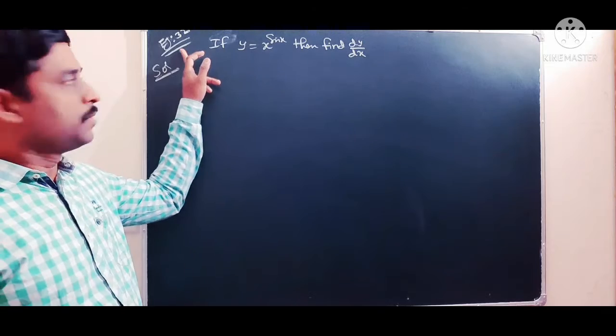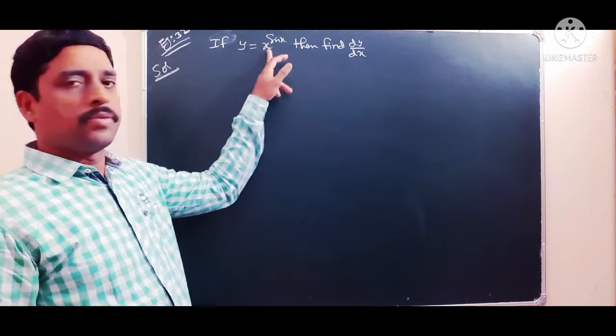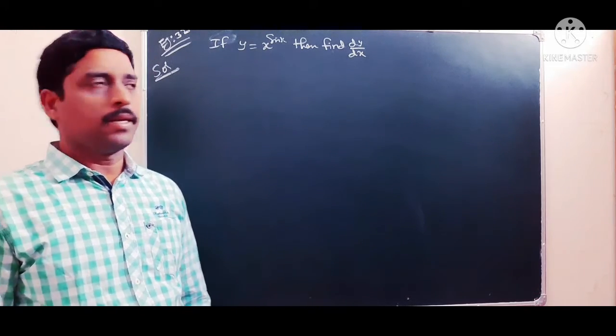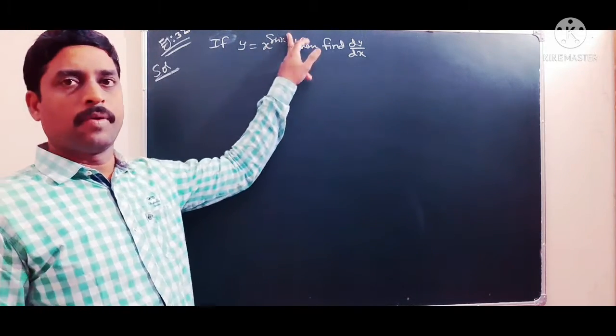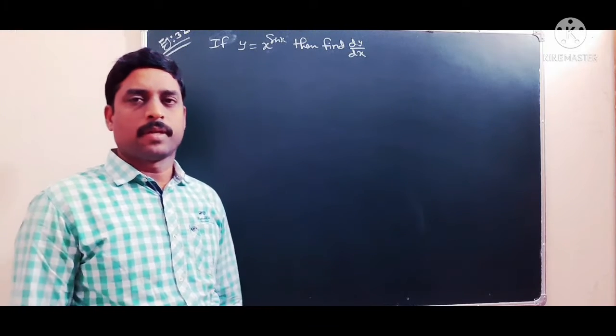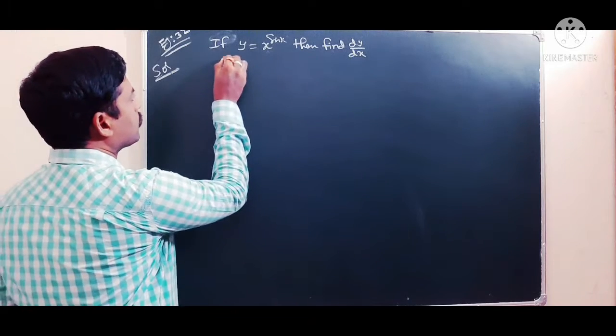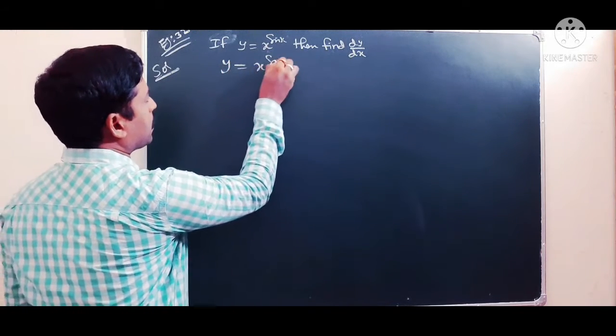Let us go to the next problem. This is example 32. If y is equal to x to the power sin x, then find dy by dx. This is in the form of variable power variable. So what is the working rule? Taking logarithm on both sides. y is equal to x to the power sin x.